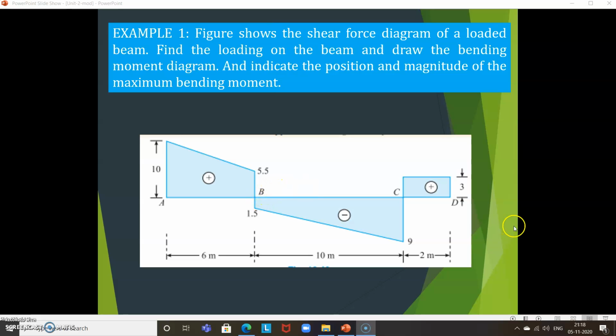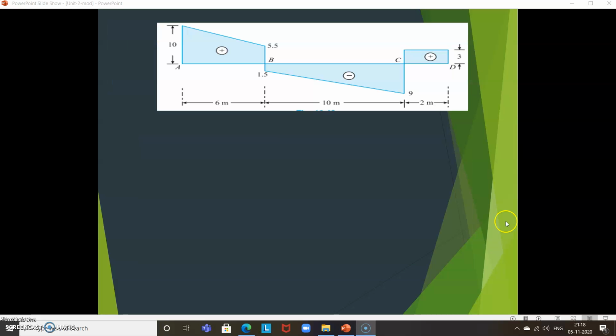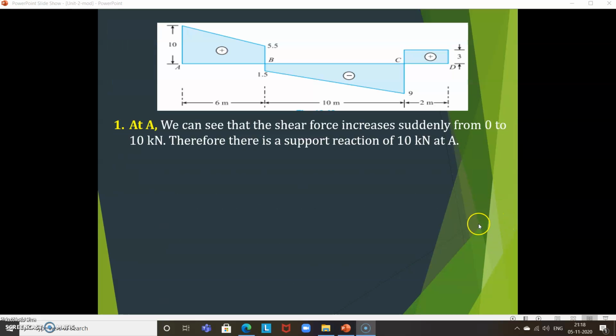You can directly draw it if you are thorough with the concept. Otherwise, I will do it step by step. Suppose I start from here. At A, we can see that the shear force increases suddenly from 0 to 10 kilonewton.